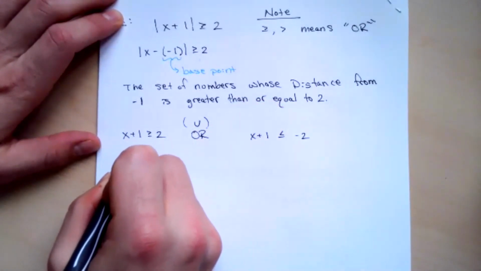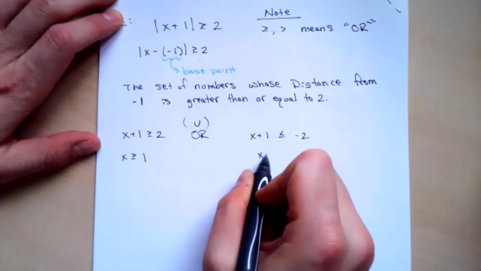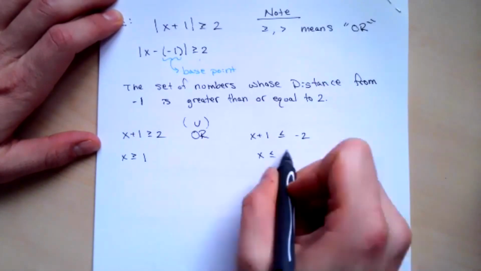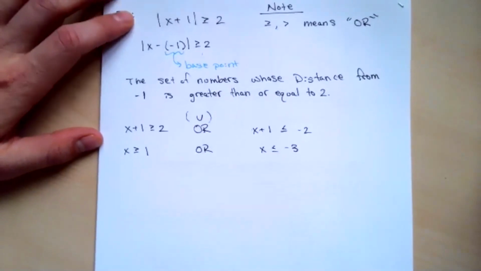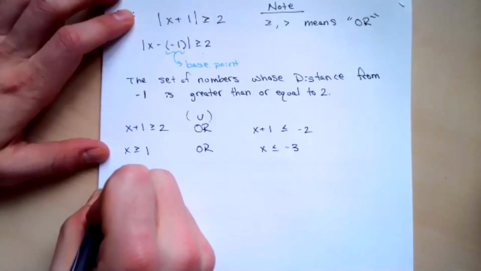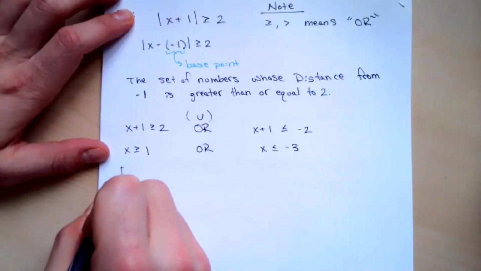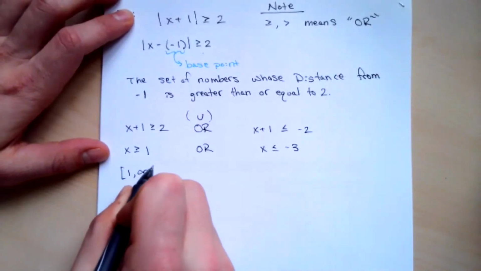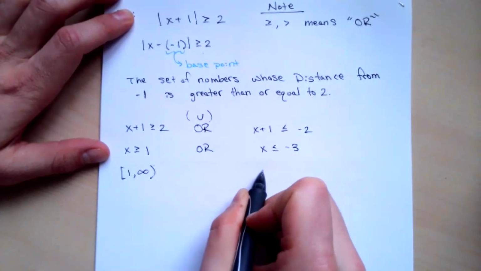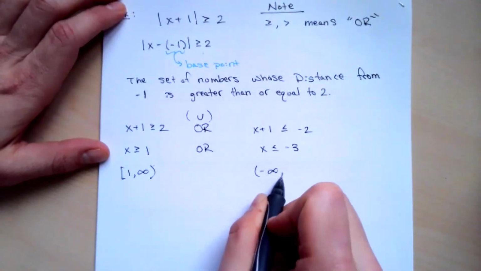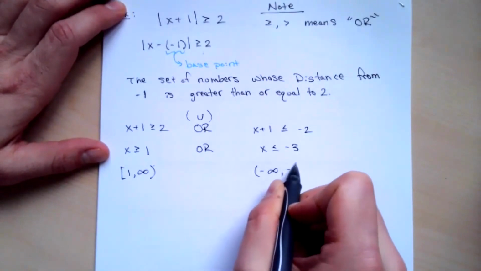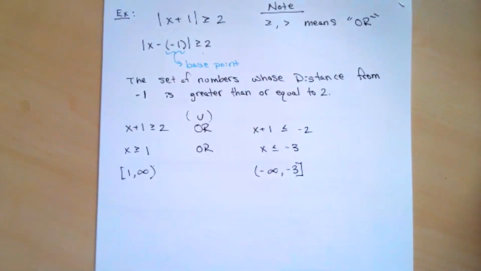Solve both of these, we will get x is greater than or equal to 1, and x is less than or equal to -3. It was an or statement, so we simply have to union them. X greater than or equal to 1 gives you 1 to infinity, and x less than or equal to -3 will be minus infinity up to -3, including -3. And since we had an or, we want to union them.